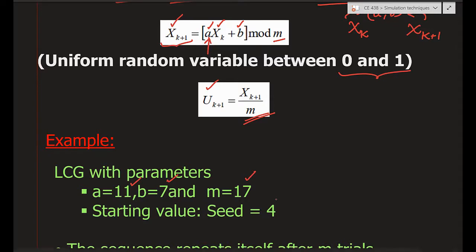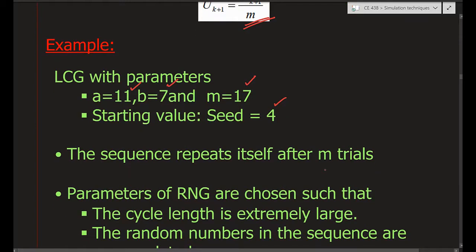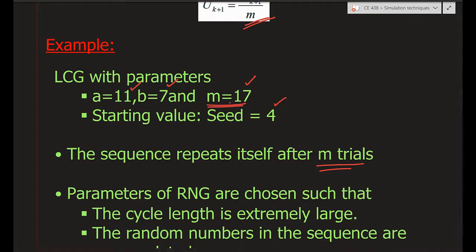We can start with an initial seed value of x0 equals 4, and then use this to calculate the other random numbers. The sequence repeats itself after m trials. Here m is 17. We'll see soon that the sequence of random numbers generated by this algorithm will repeat itself after m trials.